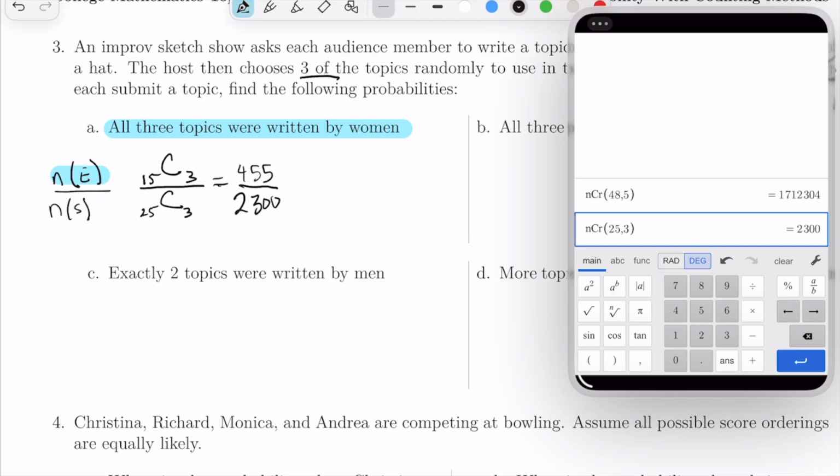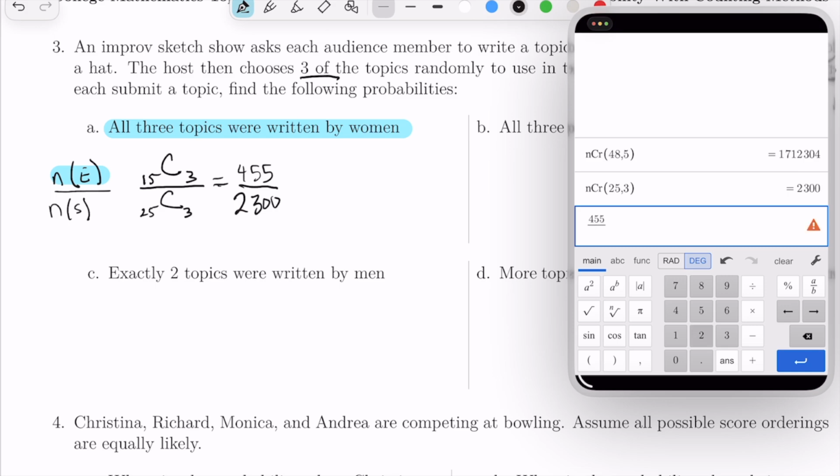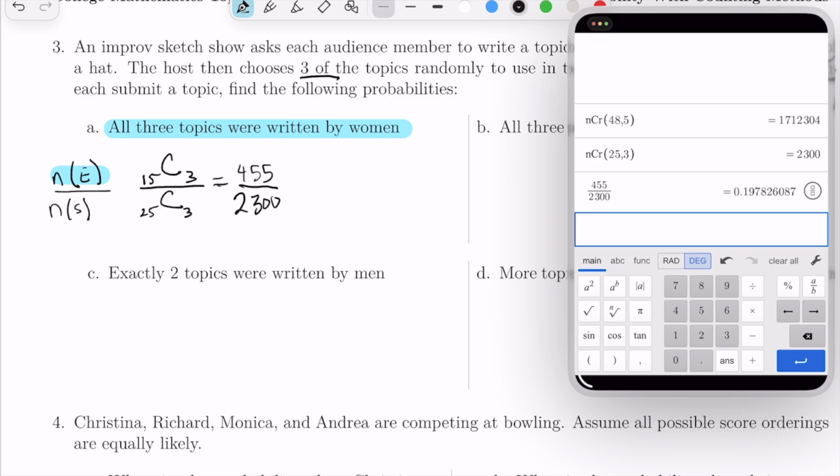We could divide those separately, or I can just type it in as 455 divided by 2300 and have Desmos reduce that for us to be 91/460ths. If you like the decimal, that's fine, because a lot of people do prefer thinking about this as almost 20%. Now, 91/460ths is kind of a nicer, more precise way of expressing it, because it's the exact answer. But also understanding that this is about 20%, that's pretty good too.